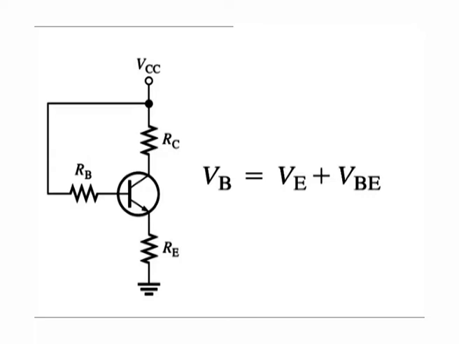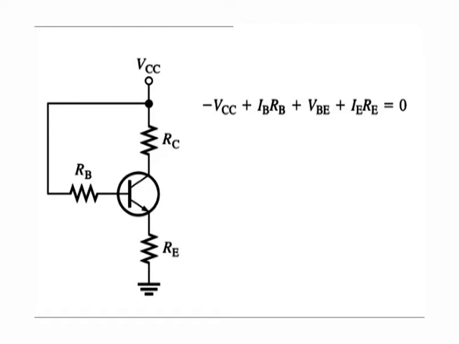While this is better for linear circuits than base bias, it is still dependent on beta DC and is not as predictable as voltage divider bias. To calculate IE, you can write Kirchhoff's voltage law around the base circuit: minus VCC plus IB RB plus VBE plus IE into RE is equal to 0.